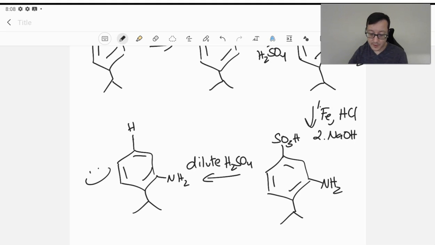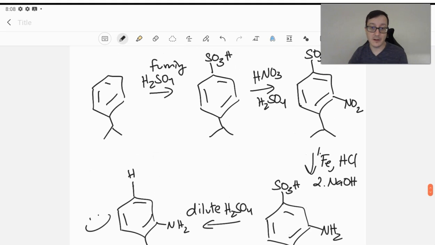Thankfully, the sulfonic acid will always go para, so it's how you'll block off the para position, because otherwise your nitro will go to the para position. If that's where you want it, that's great. So blocking groups are synthetic tools that make sure our new substituents go where we want them to go.